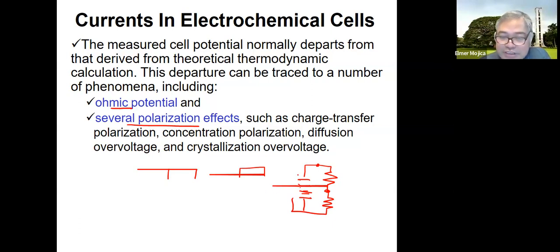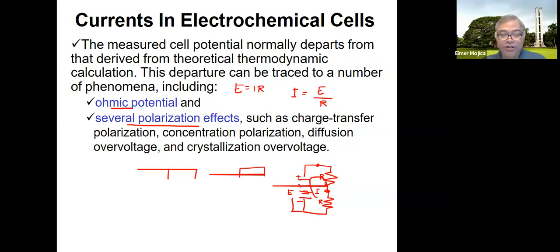Okay, so usually this is what? The positive, negative, and this is your E. And then you have here an R, and then there's some sort of an I. So the way that you get the current is, since E equals IR, I equals E over this what we call resistance.